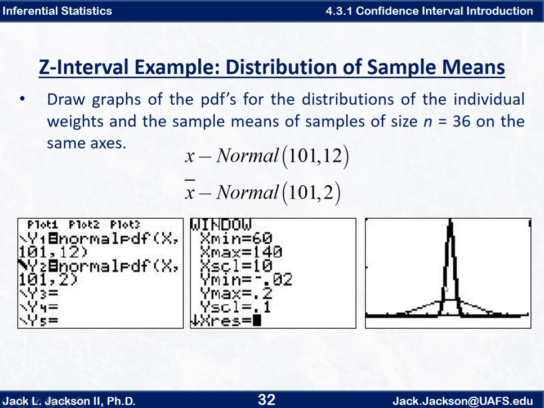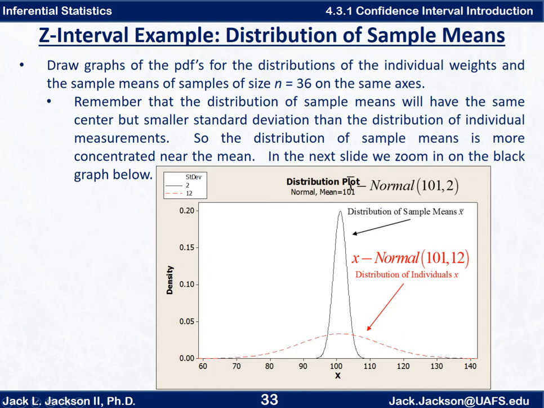In this case, the mean of both of them is 101, so that's centered up. Here's the same picture that I used Minitab to draw. The distribution of individuals is the red graph, the shorter, fatter one. And the black graph is the distribution of sample means, x bar.